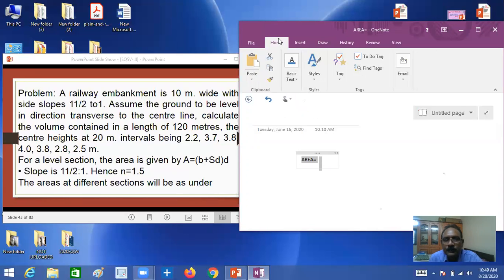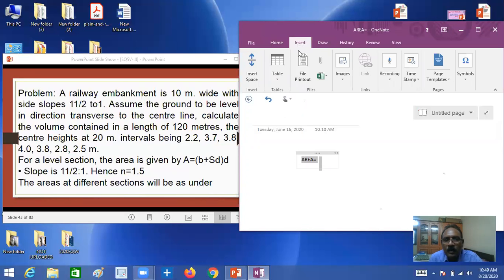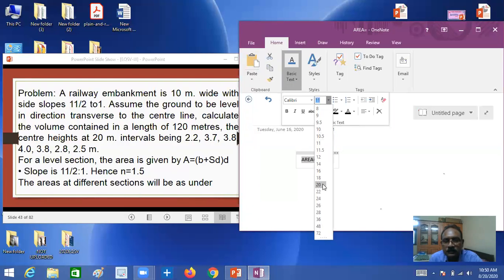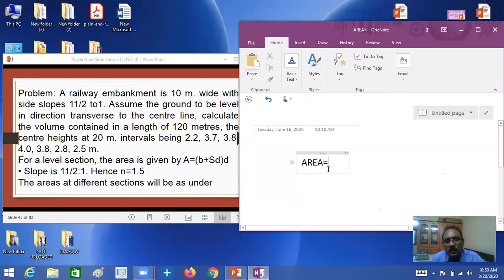I will increase this size. Are you able to see this?